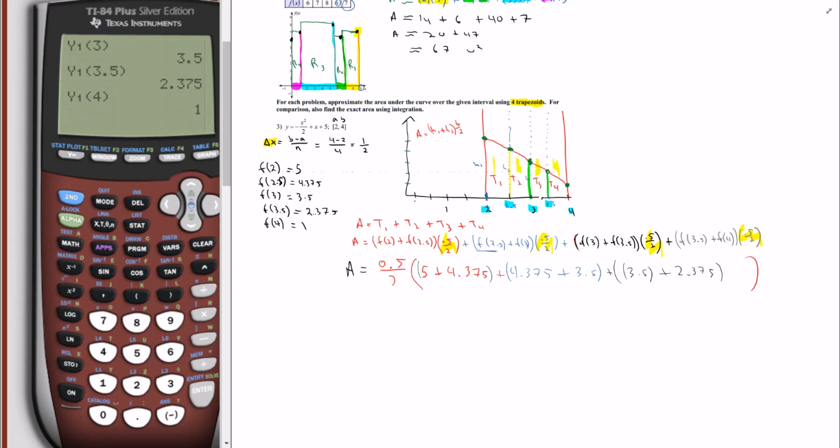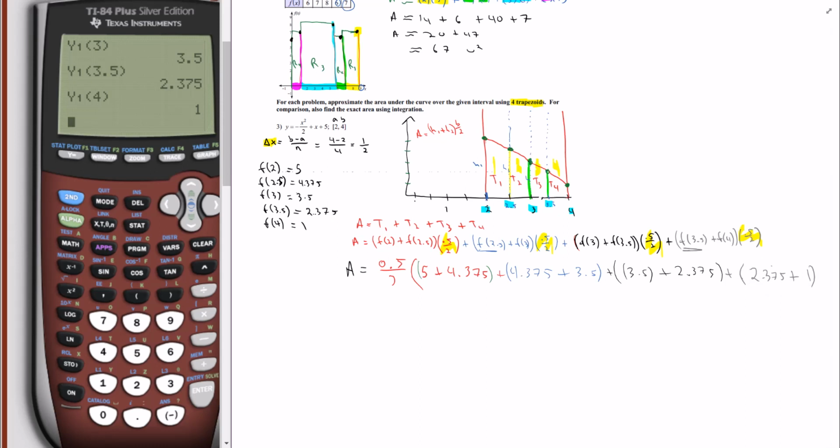And then we're going to add that to f of 3.5 again. Oh sorry, I was writing the numbers down. So f of 3.5 is 2.375 plus f of 4, which was 1, right?